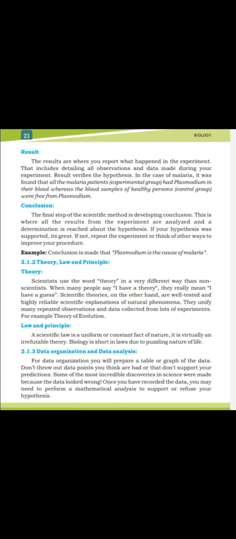So, dear students, it is the conclusion which makes the decision about the research and about the problem. For example, in case of malaria, scientists concluded that plasmodium is the cause of malaria.